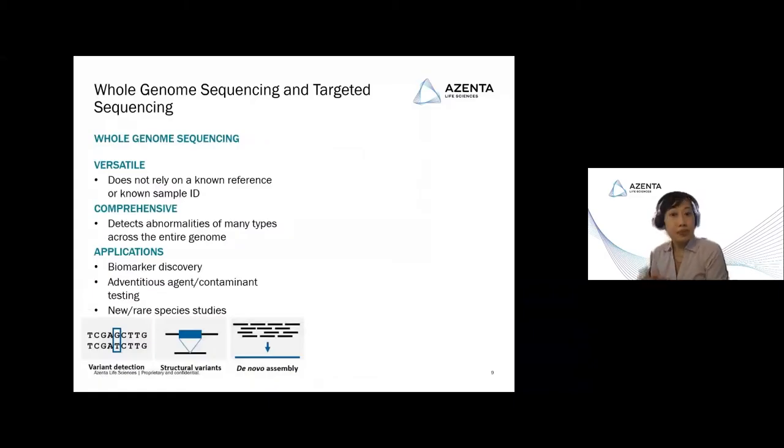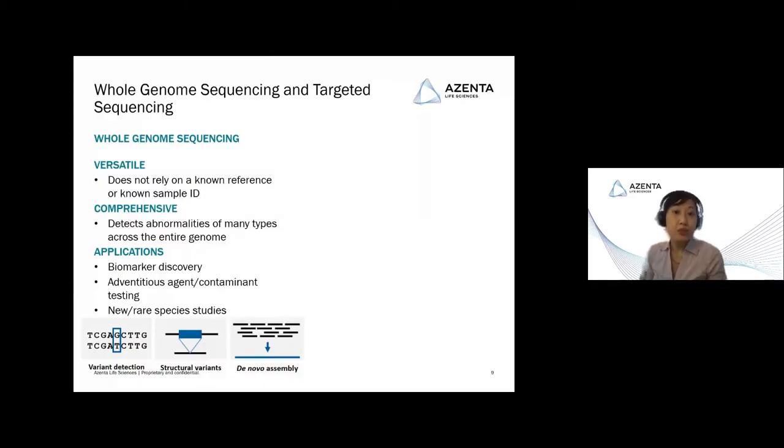So whole genome sequencing is still likely one of the more versatile genotyping options. It allows detection and analysis of samples without a known or complete reference sequence. It also provides detection of different abnormalities beyond the typical variant detection, including structural rearrangements and copy number analysis across the full genome.